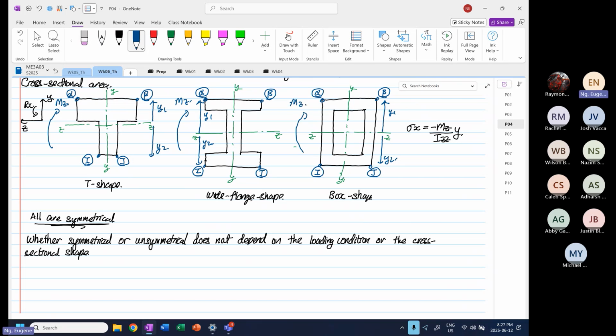So what we realize is that stress X at point alpha is equal to minus y, because it is on top of the neutral axis, all relative to the neutral axis that I'm shading now. These are all our neutral axis.